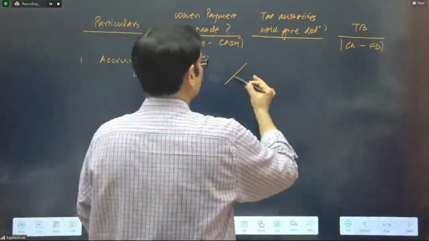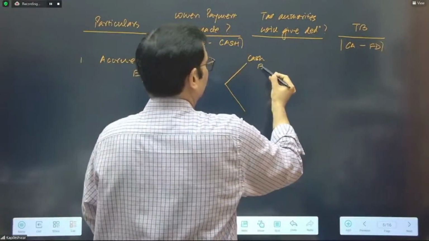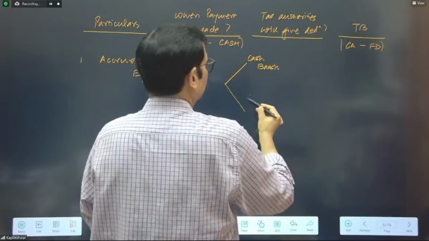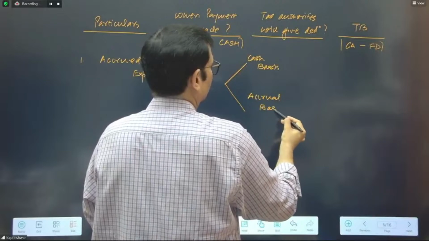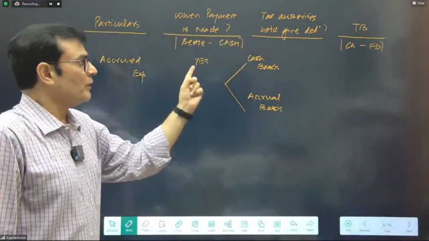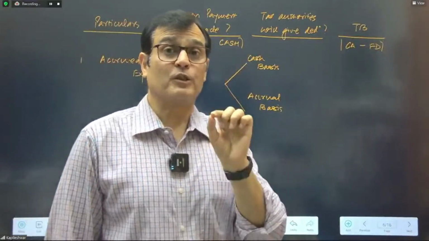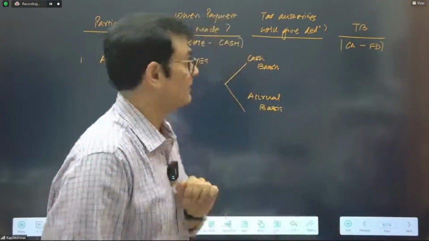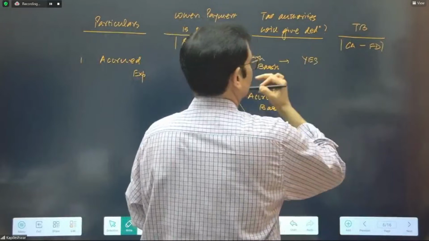Now there are two possibilities. The income tax authority follows a cash basis, or the income tax authority also allows an accrual basis. Now let me put across a question. When you make a payment, will they give you a deduction? If it is on a cash basis, yes. So will the income tax authority give you a deduction? Yes.